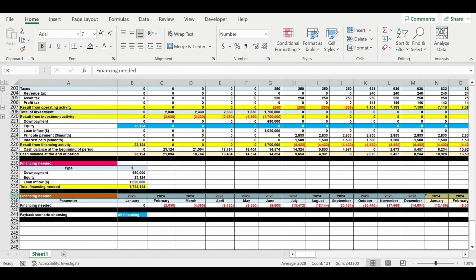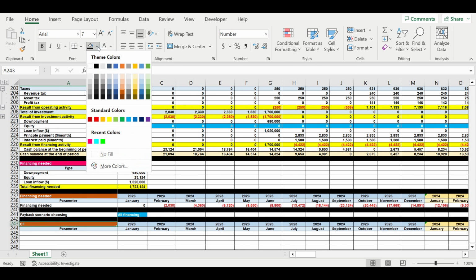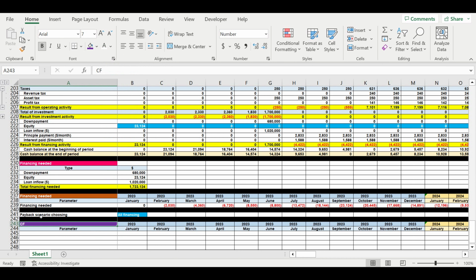Then I'm copying the timeline, and here I will be calculating, let's say, cash flow for each scenario. So payback scenario choosing, then I will be going up.